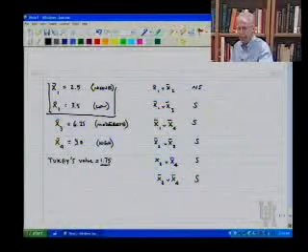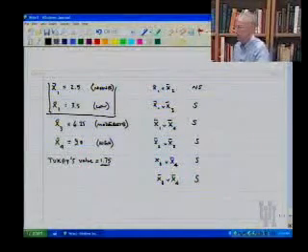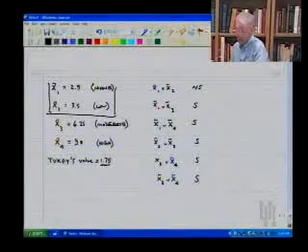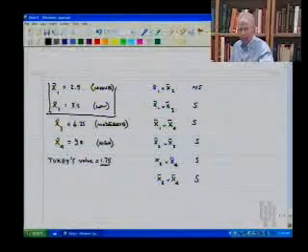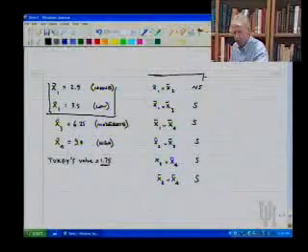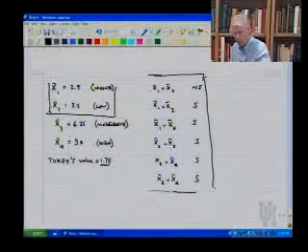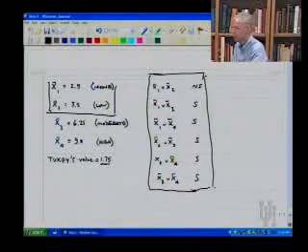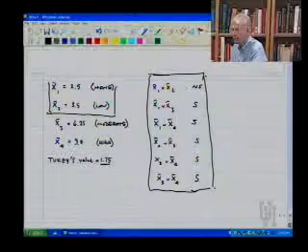Would anybody care to put, well, first of all, before I ask that, are there any questions about this process of determining significance or non-significance between the group means? I just have a question about Tukey's value.